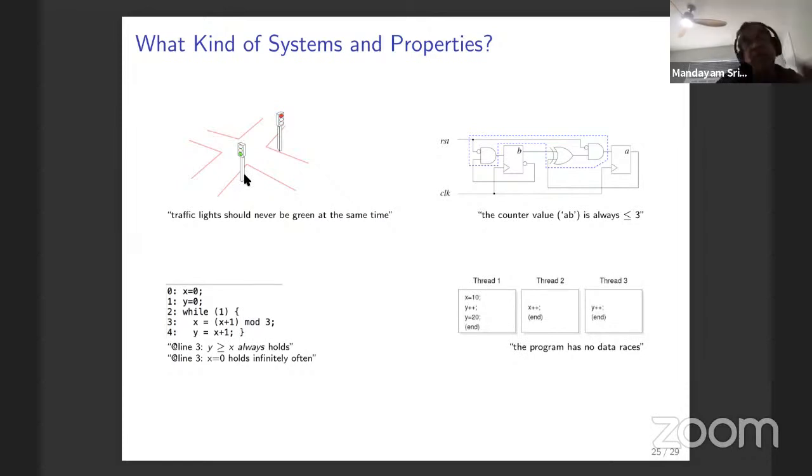In your system, you might have lots of different states, but as far as the property that you care about, it is whether the state is a green state, a yellow state, or a red state.